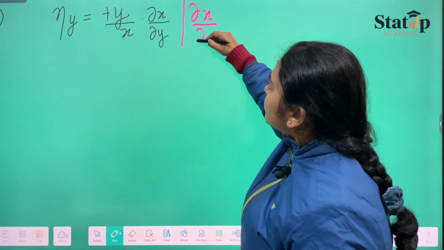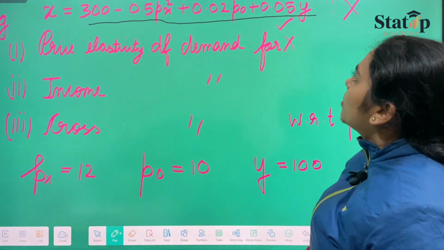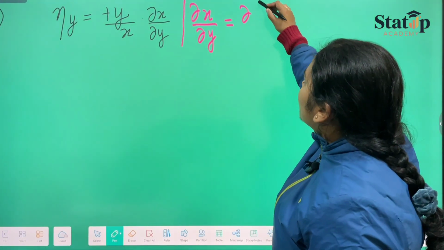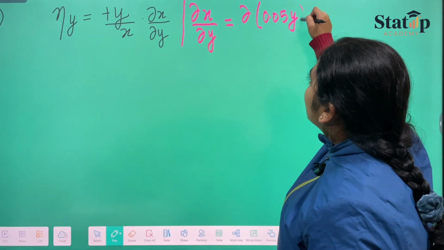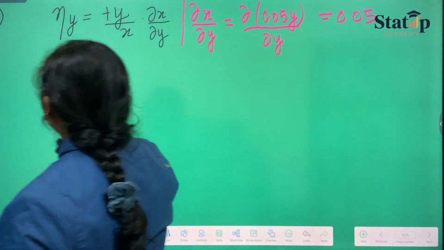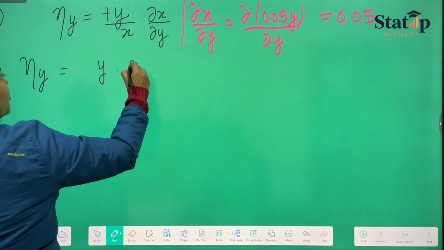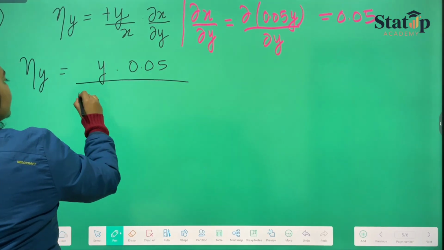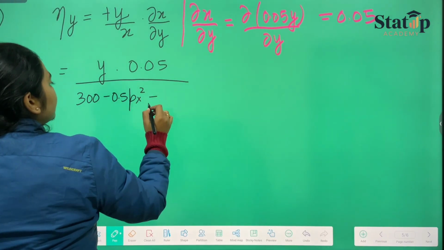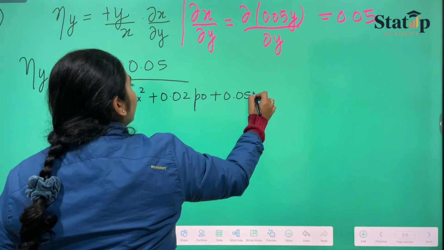So if we take delta x upon delta y, the term that contains y here is 0.05 y. Rest others are treated as constant. So differentiating 0.05 y with respect to y, we get the answer as 0.05. Now substituting the value in eta y, we get y into 0.05 upon x, where x is 300 minus 0.5 px square plus 0.02 p naught plus 0.05 y.